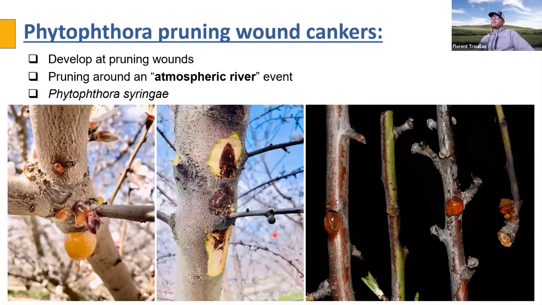Rarely we also see this Phytophthora occurring on just twigs without any obvious wounds. So an aggressive pathogen, Phytophthora syringae, is quite rare and will not occur every El Nino or every wet year in California, but we had a few cases this year.